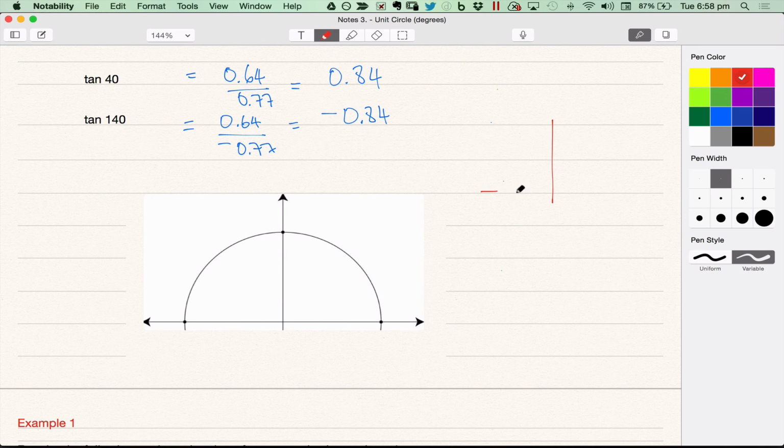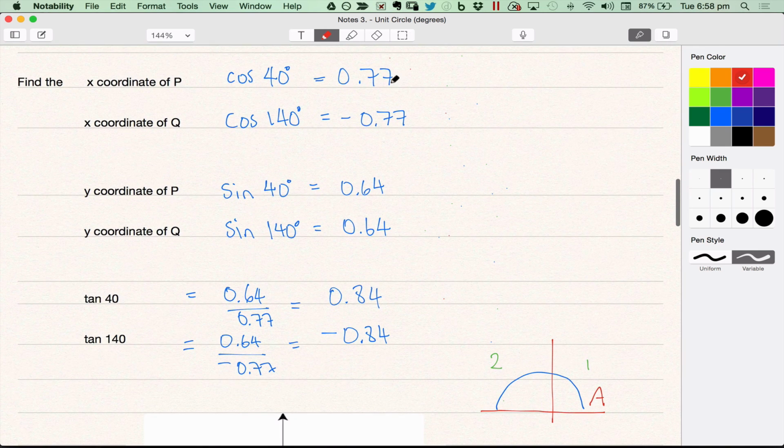I'm doing a quick jot here of your unit circle. And we have quadrant 1, quadrant 2. What you need to remember is that in quadrant 1, all of sine, cos and tan are positive. So P, remember, was in quadrant 1.